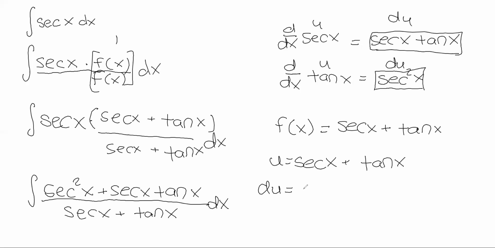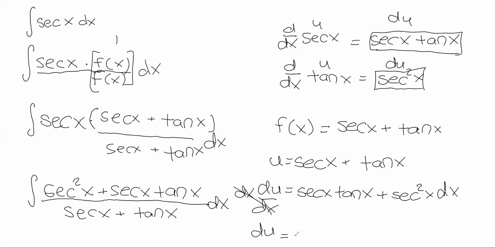The derivative of secant of x gives us secant of x tangent of x, and the derivative of tangent of x is secant squared. So I want to make this look more like what we have in our integral, so I'll write the secant squared x first. But I also want to multiply both sides by dx to put it into proper differential form.